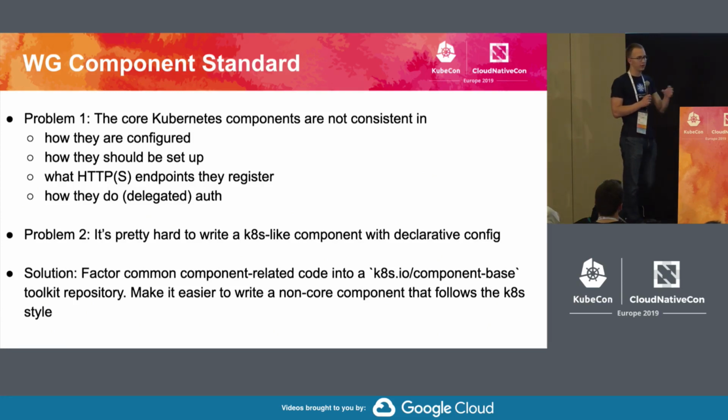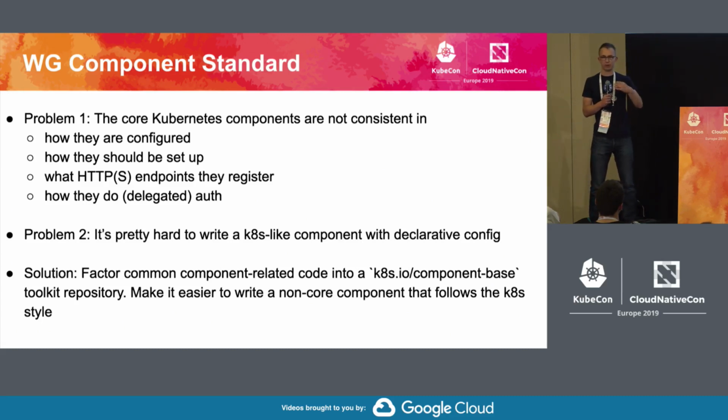And now they're really different in how you configure them and how you set them up. There's absolutely no consistency in flag names. Flags are bad enough already. But then when you have 3 different namings across all 3 components for doing exactly the same thing, it gets messy for operators and administrators.